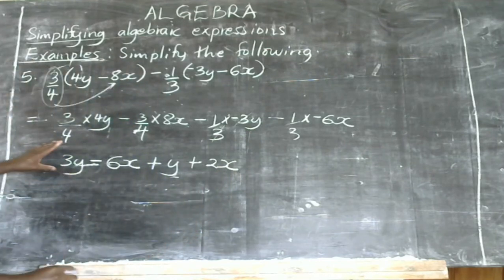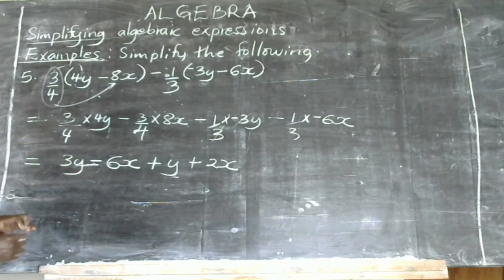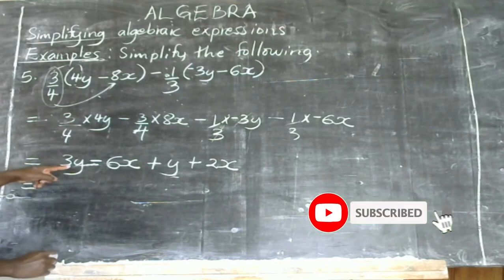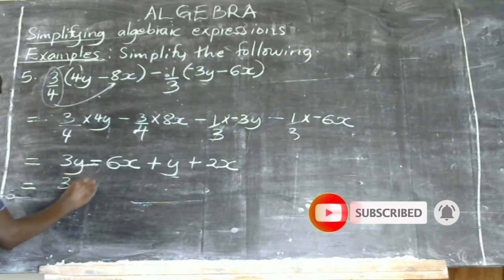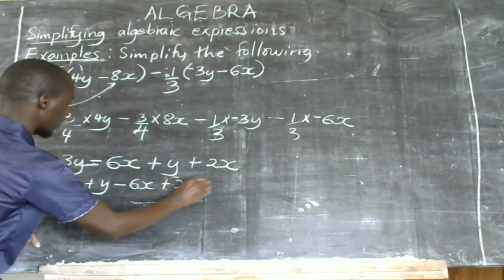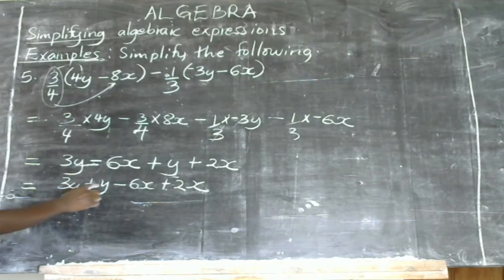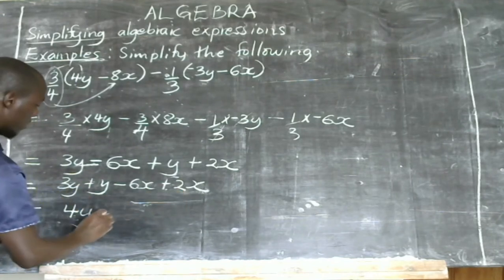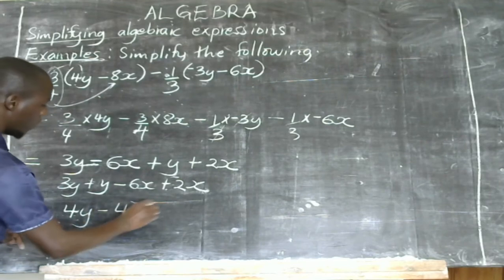So you can see in this alternative, from the second step, we have no fractions there. Then now I can collect the like terms. So that is 3y plus y minus 6x plus 2x. When I add these ones, I have 4y. When I add those ones, I have negative 4x.